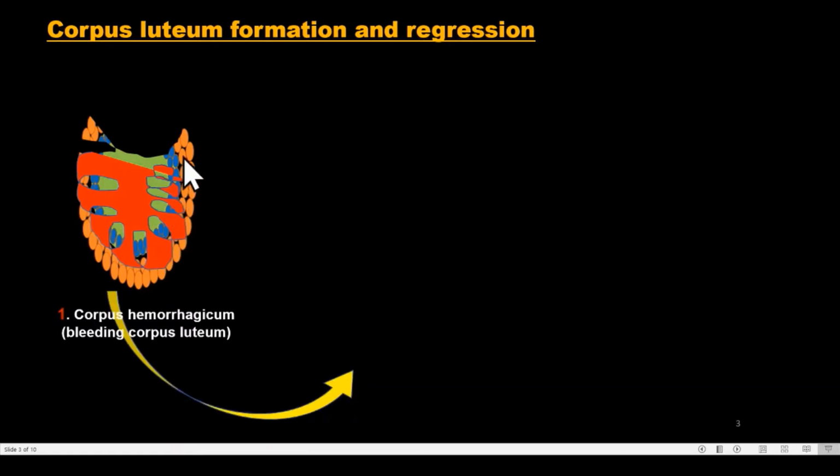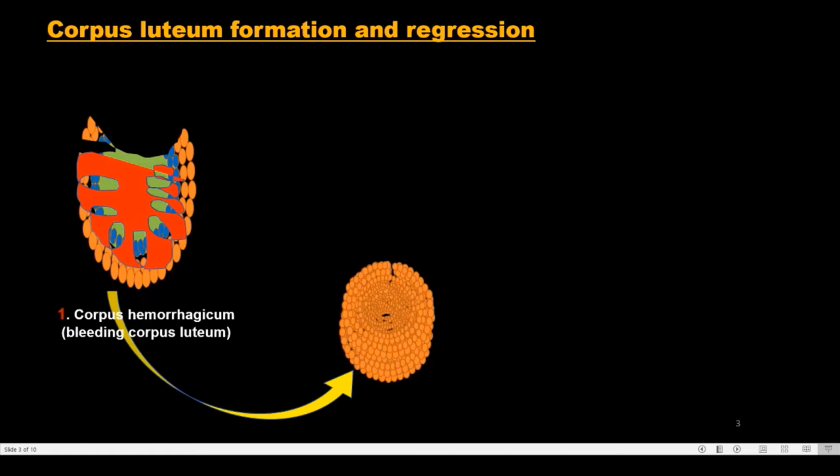After formation of this corpus luteum, the granulosa cells proliferate. The blood clot provides nutrition for the granulosa cell proliferation and also gives the frame for their growth. These granulosa cells are luteinized by LH, and the granulosa and theca cells now become luteal cells.